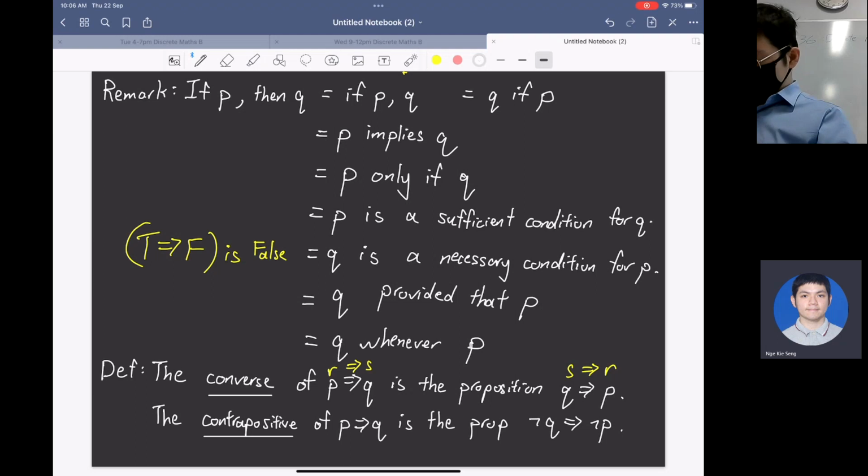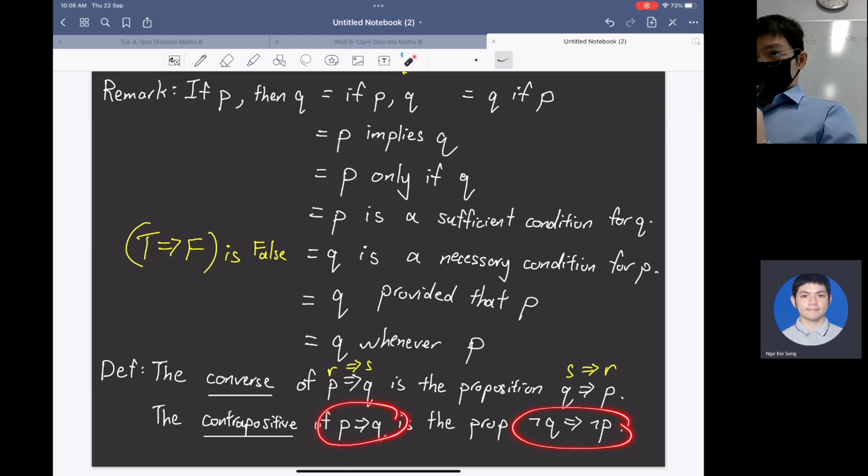It's the same. These two are logically equivalent, which we will talk about later. So if you want to prove P implies Q, you can prove not Q implies not P. If you say P implies Q is true, then not Q implies not P is also true.